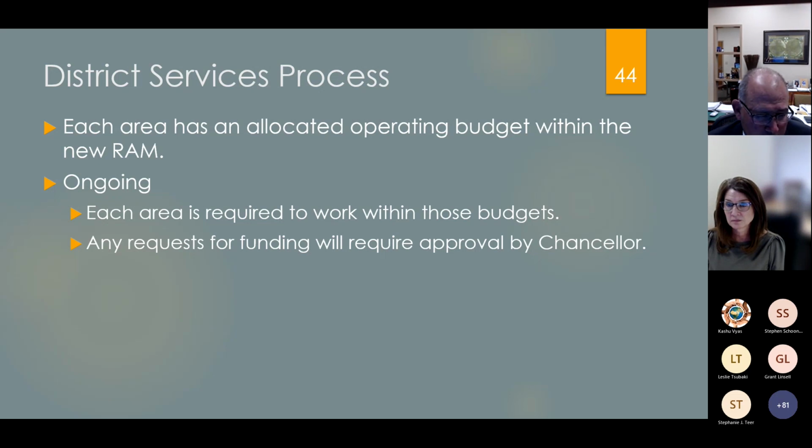Other than making sure all of the administrative reviews are turned in, similar to the campuses, most of those are focused on one-time expenditures as well. If we have monies left over, what can we fund for each of the district services areas, some of the things they might need to do, equipment replacement, or other projects that might be in the plan. So ours is pretty simple compared to the campuses because we don't have nearly the divisions or departments.